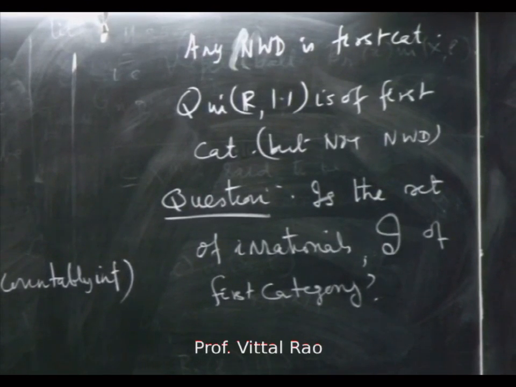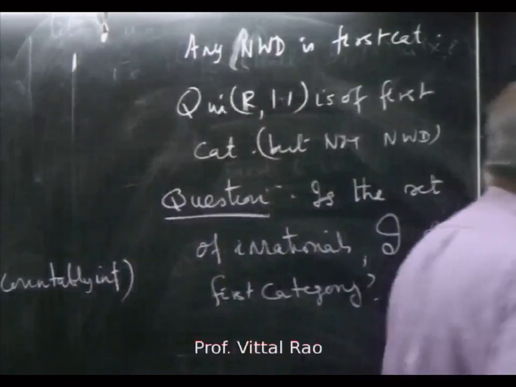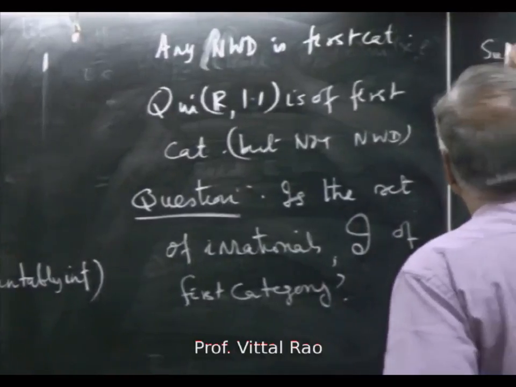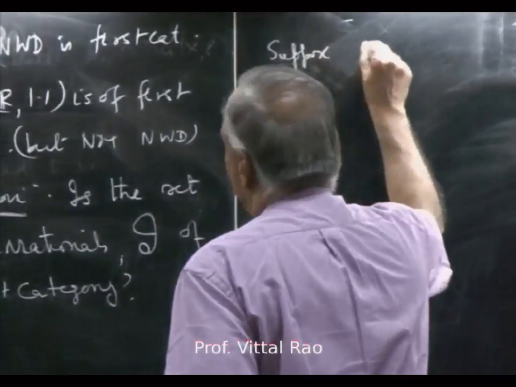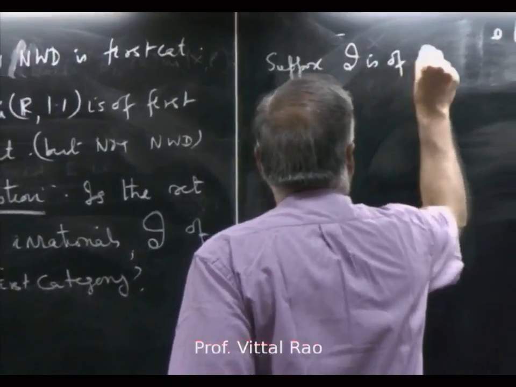And therefore, there are different types of sets. They will be called second category. But at the moment, we do not know whether there are second category sets at all. Right. So now, suppose this is true. Suppose I is of first category.